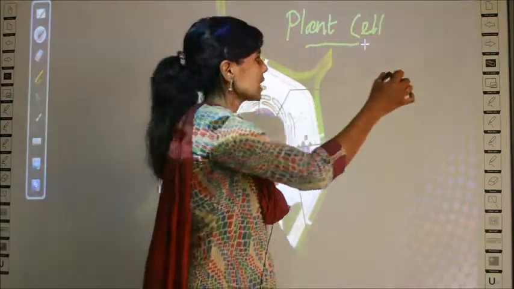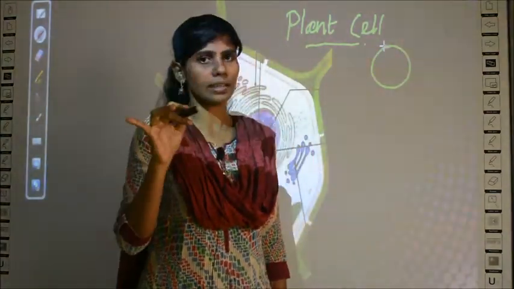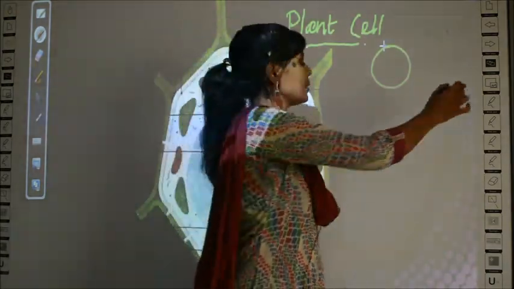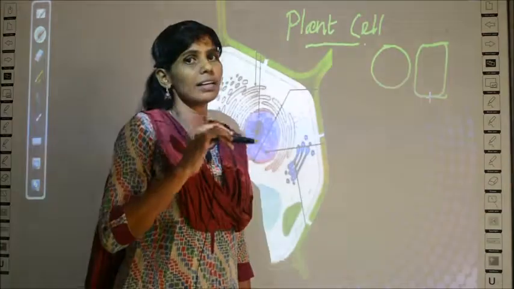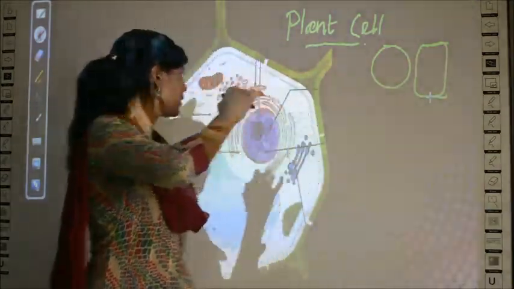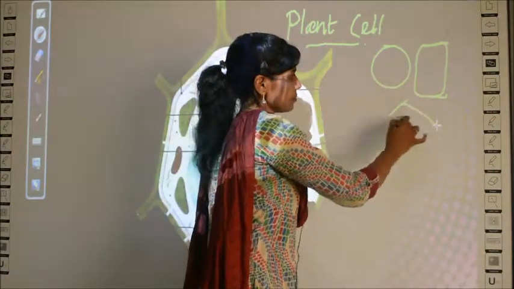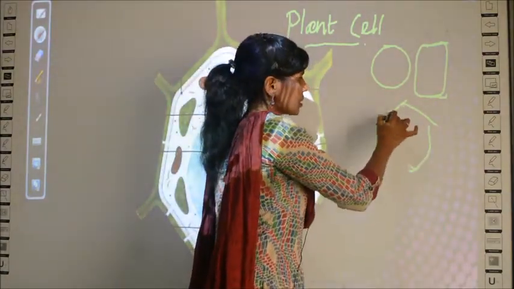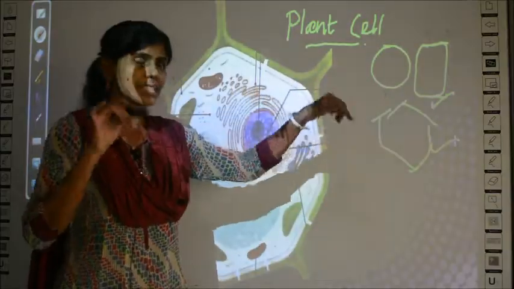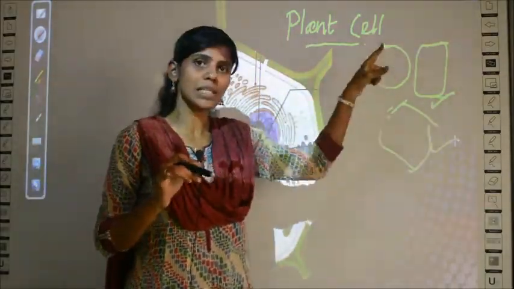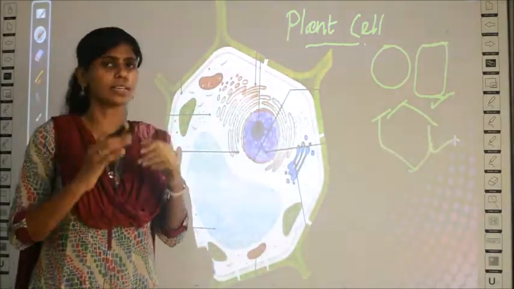Every animal cell will be almost like a circle, and every plant cell will mostly be like a rectangle in shape, or sometimes it will be this way, like a hexagon, right? So plant cells will be either a rectangle shape or a hexagon shape, whereas animal cells will be of a circular shape. Animal cells are always circular in shape.